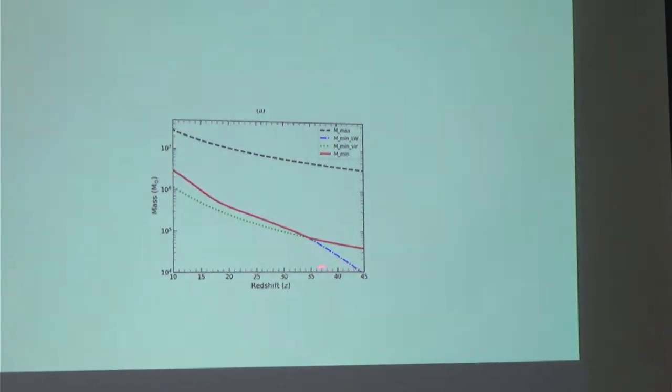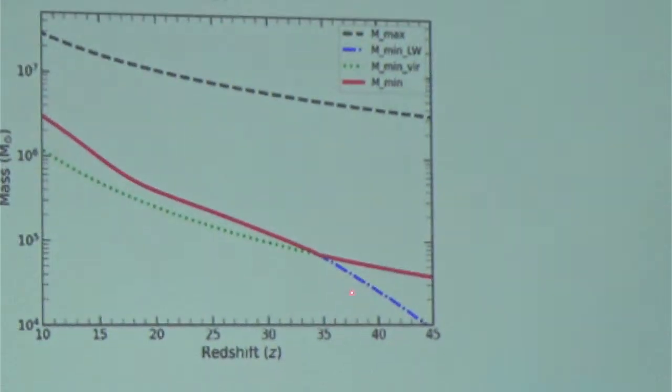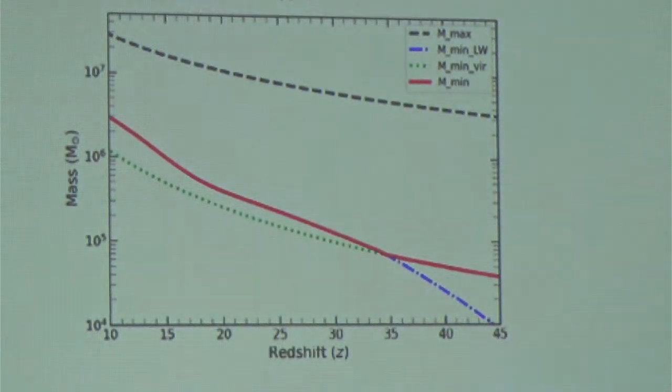Initially, Lyman-Werner feedback was not that important at redshift 35 or higher, but slowly, if you just follow this red line, this is coming due to the Lyman-Werner feedback. So this lower mass that can sustain these stars is increasing, because of this negative feedback.